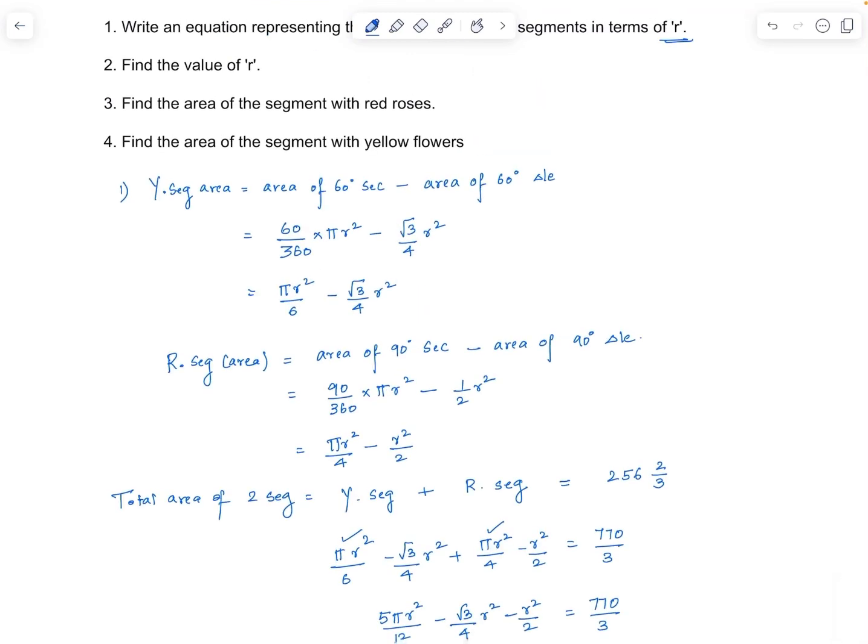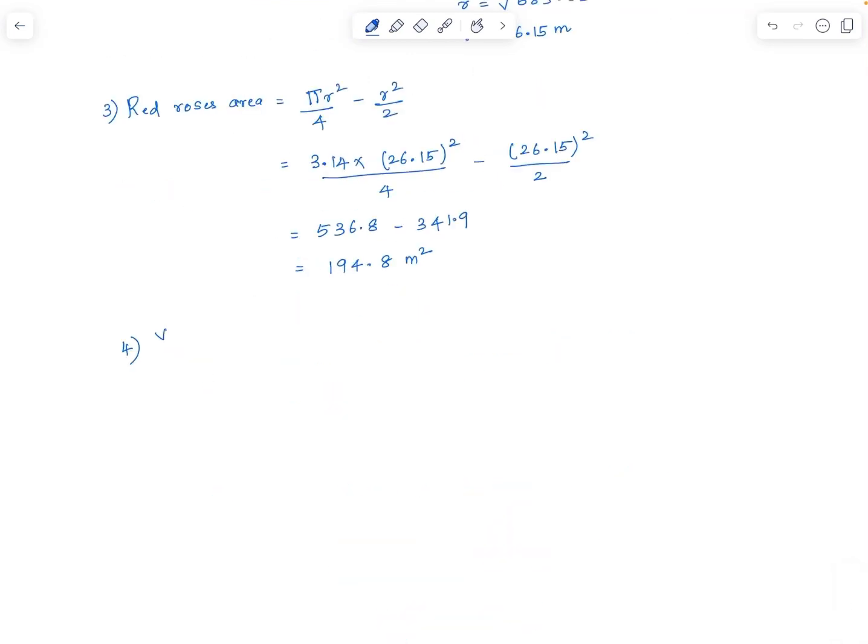Question 4. Find the area of the segment with yellow flowers. Yellow segment area is equal to pi r square by 6 minus root 3 by 4 r square.